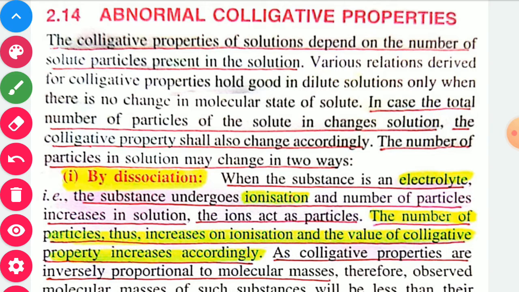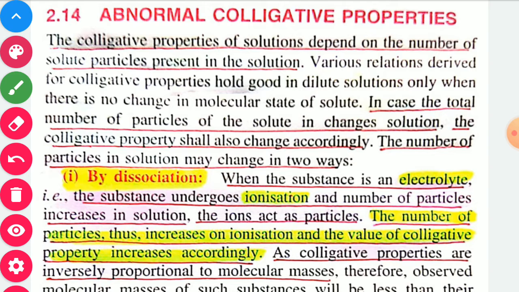Before dissolution in water, sodium chloride is present as one particle, but due to dissociation, it is counted as two particles: one particle of sodium cation and one particle of chloride anion. The ions act as particles. The number of particles thus increases on ionization and the value of the colligative property increases accordingly.